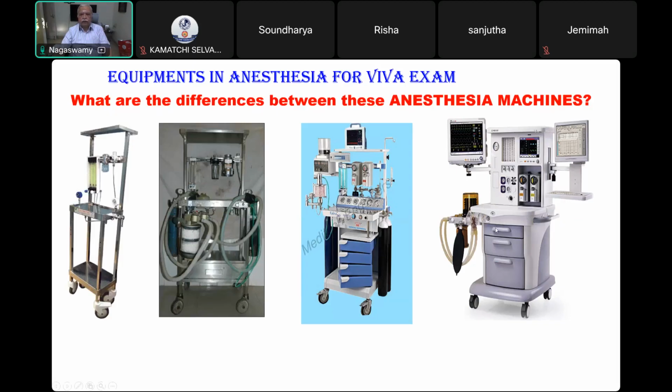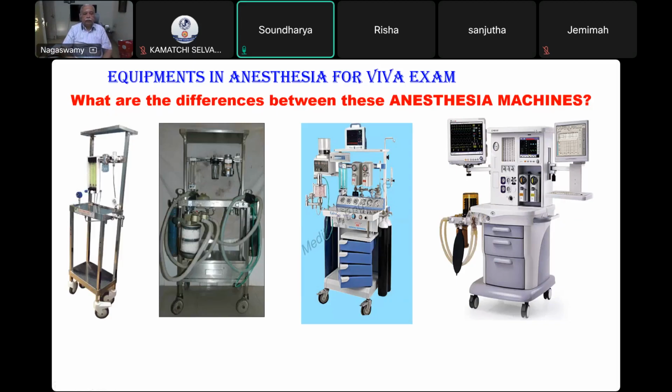So the modern workstations are operated by both electrical as well as pneumatic power, whereas the older machines were mainly pneumatically operated. But in addition to that, by looking at these pictures, can you tell me what other improvements have been made over a period of time?